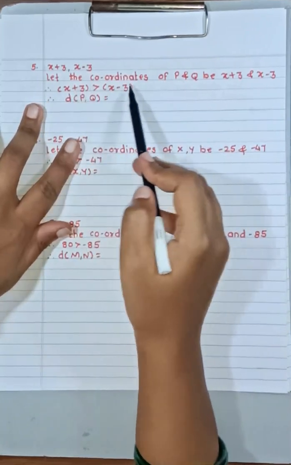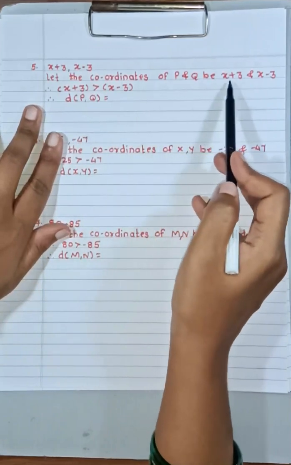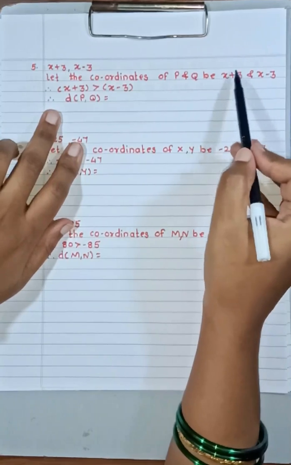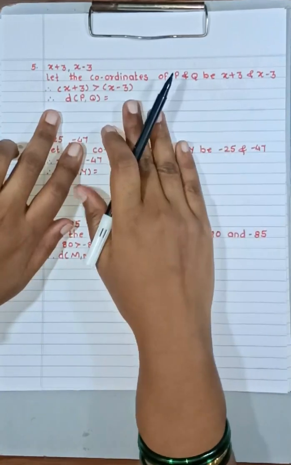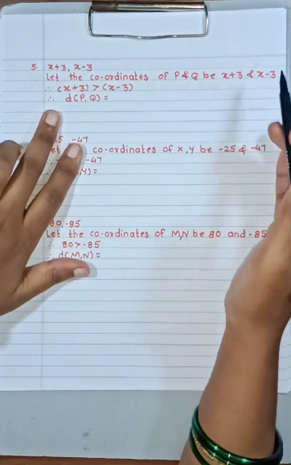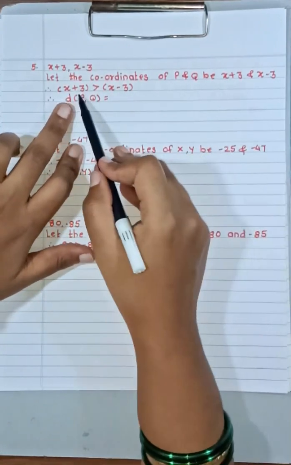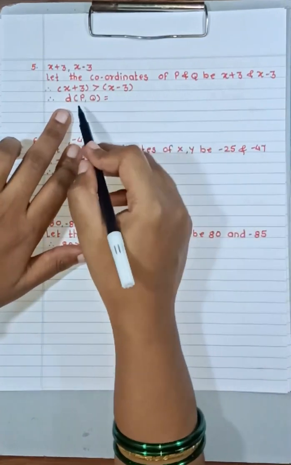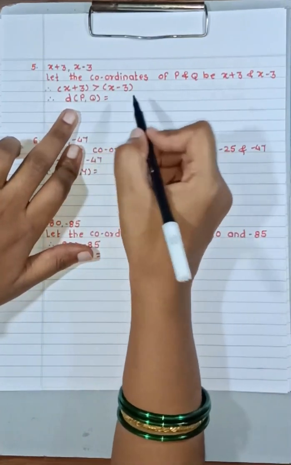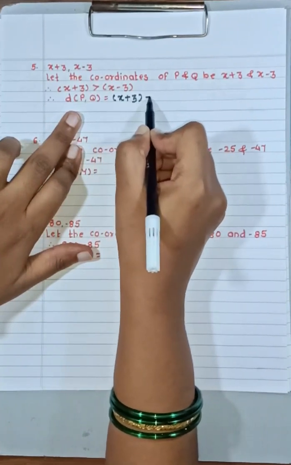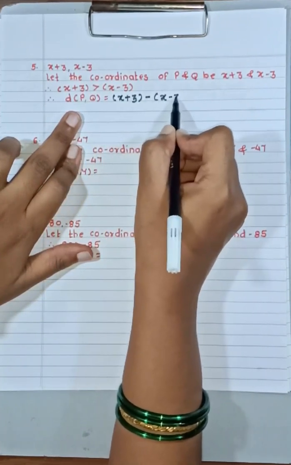Now you can see here X plus 3 is a positive one and X minus 3 is negative. So you can understand from this that X plus 3 is greater than X minus 3. Therefore distance PQ is equal to X plus 3 minus X minus 3.